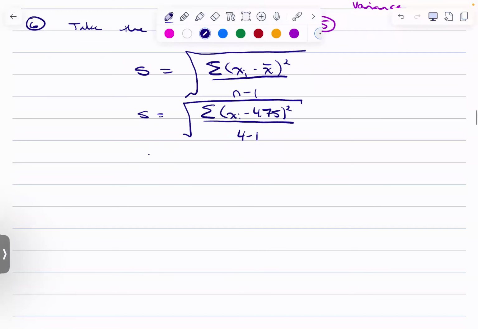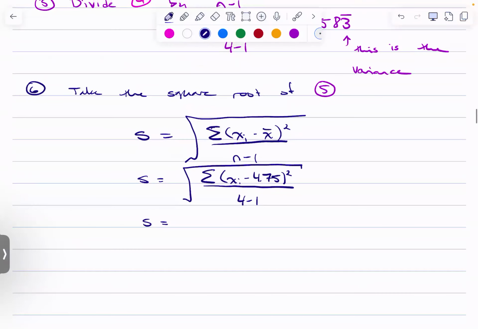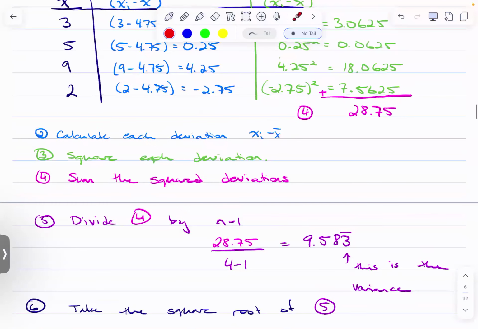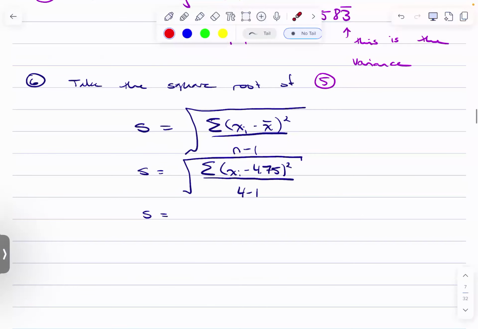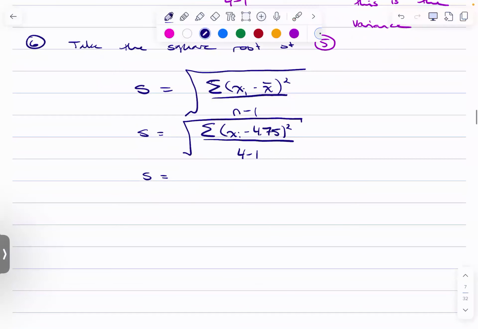Not a lot we can do here, because this is each value, right? But we did find that that can be replaced by 28.75. And so this becomes 28.75 divided by 3, square rooted.